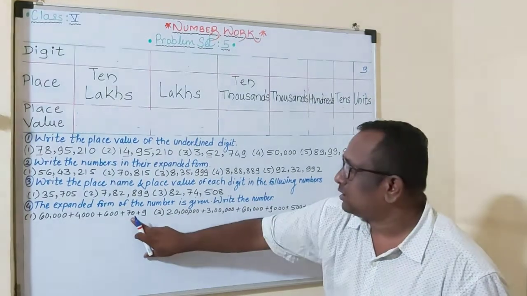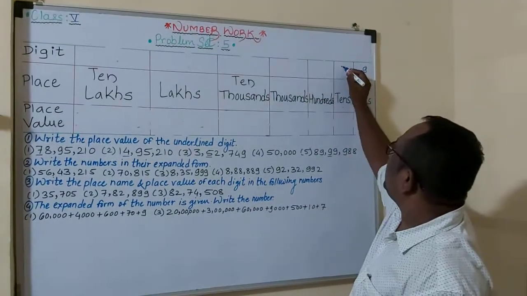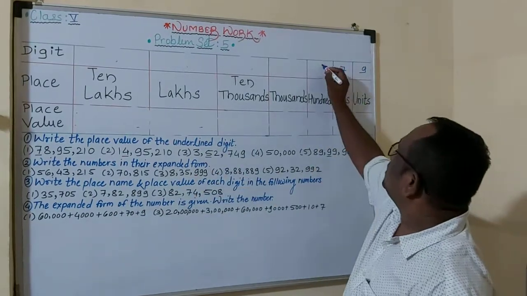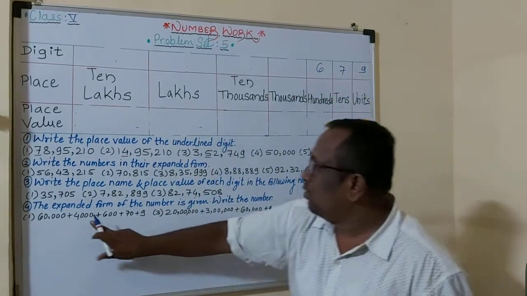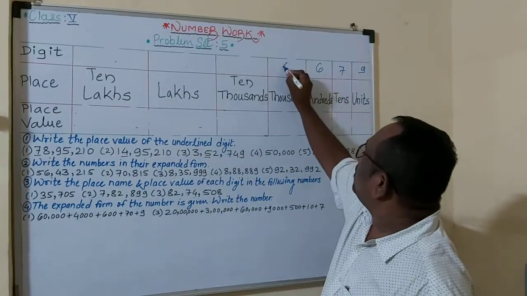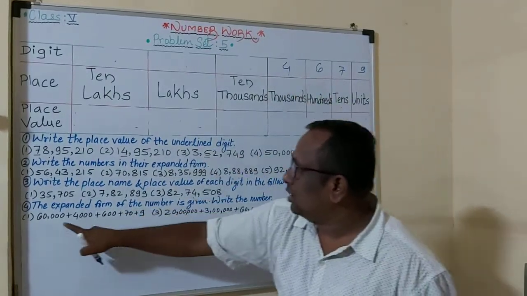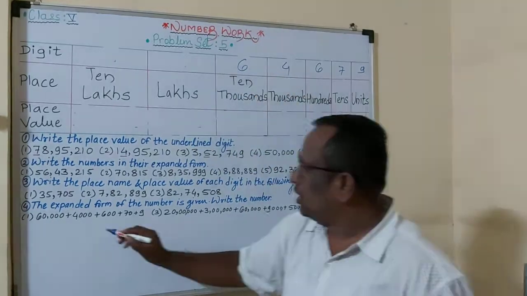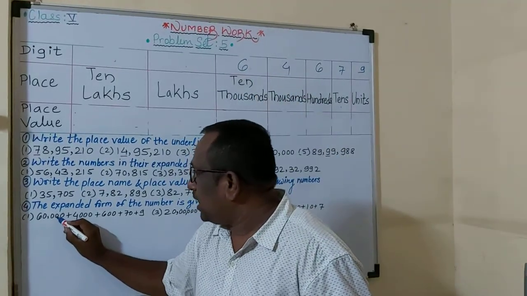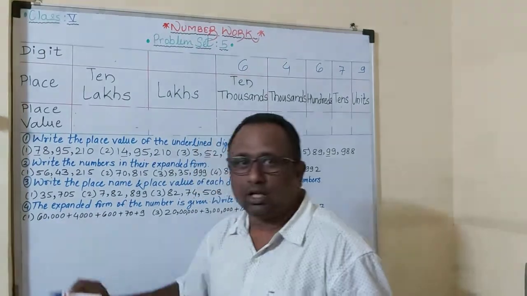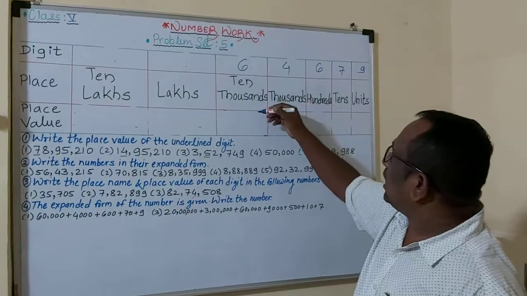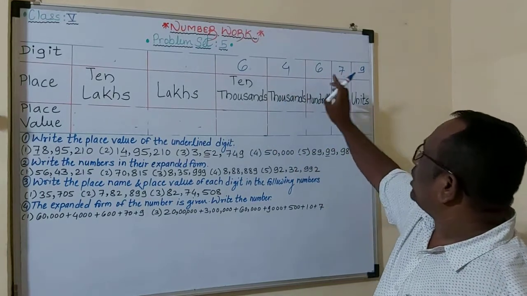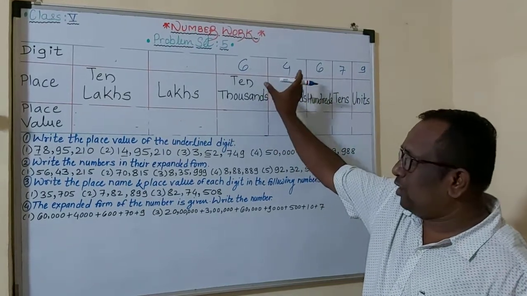Then here 70, which means 7 tens, 70. Then 600. Then 4,000. Then 60,000. See, ones, 10s, 100s, 1,000s, 10,000s. So 60,000, and 4,000, so 64,000. We have to read it together.